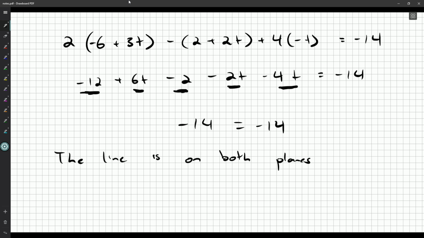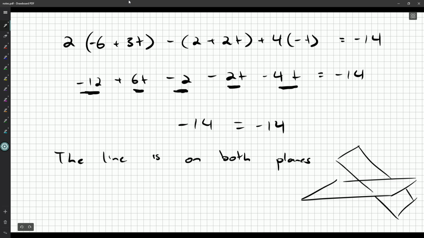It's a solution to the whole system. And the way we can think about this geometrically, we've got two planes here. We can think about this line that we were given, negative 6, 2, 0 plus t times 3, 2, negative 1. That's just telling us the line of intersection when these two sheets of paper collide. That's this line here.